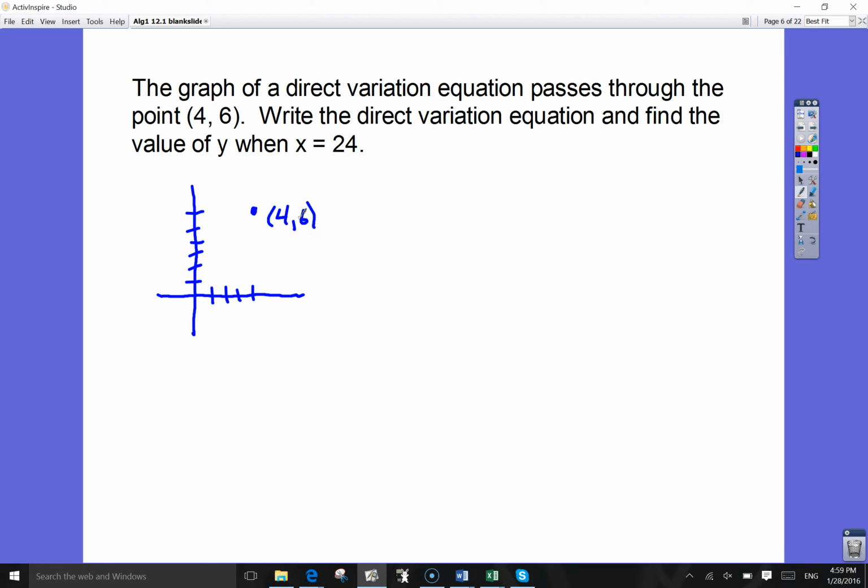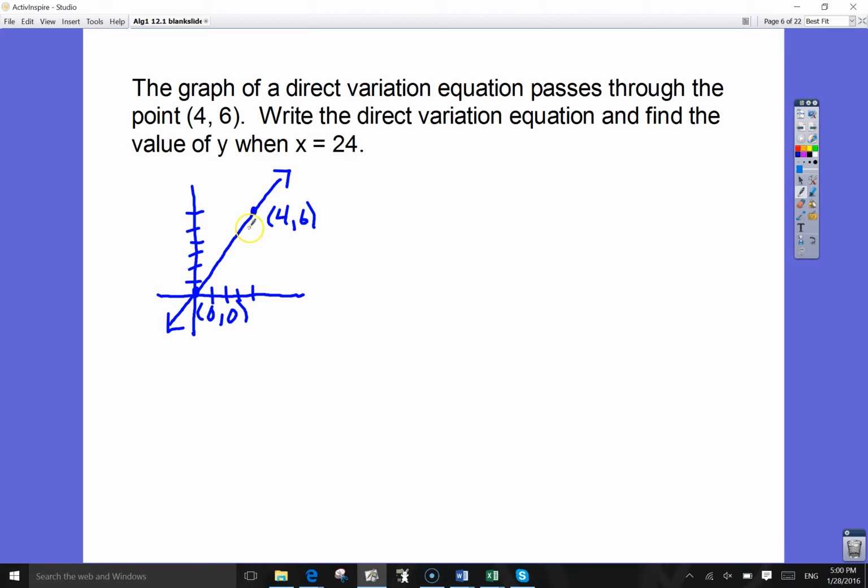And because this is a direct variation, I know that this line also goes through the origin, 0, 0. So right away I know that the y-intercept of this line is 0. All I need to do is find the slope, right? The slope will be the k.